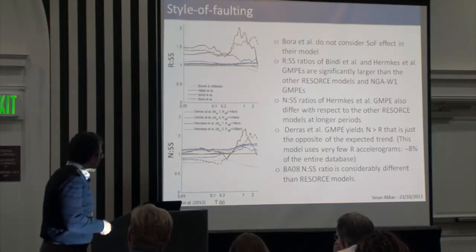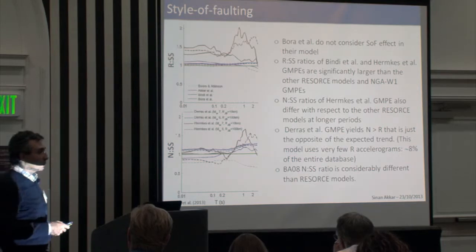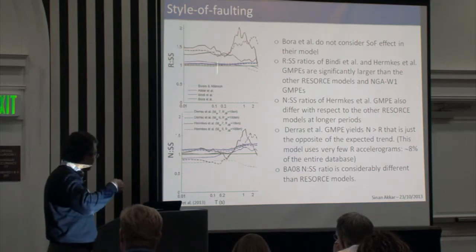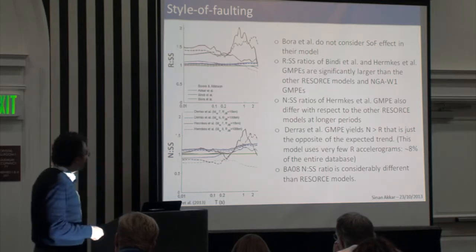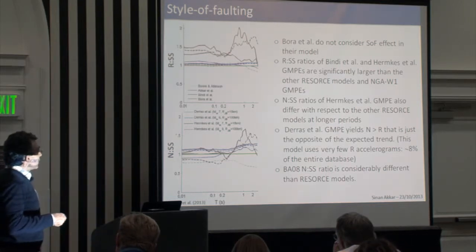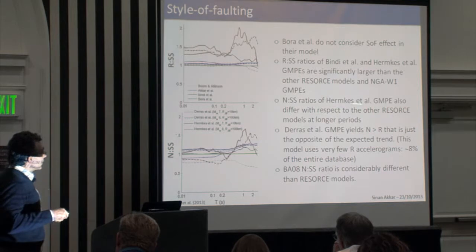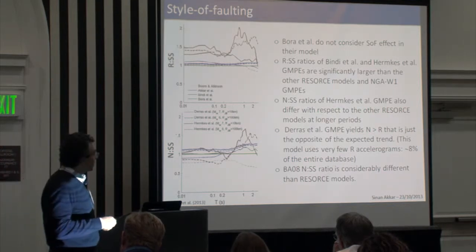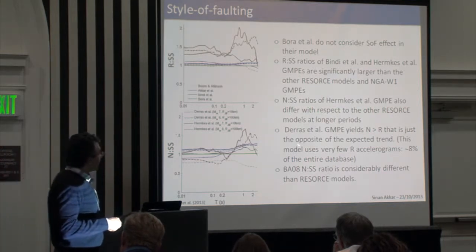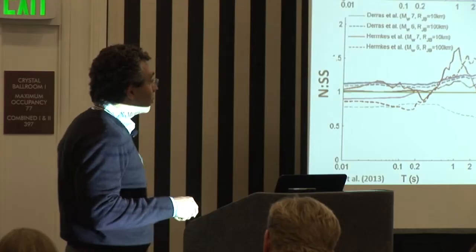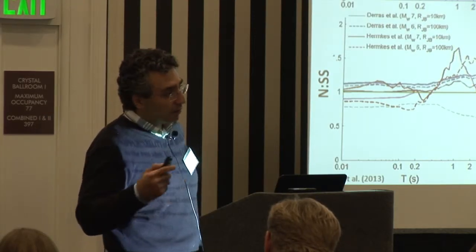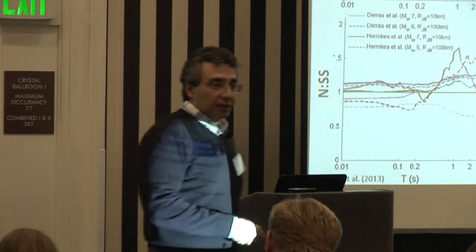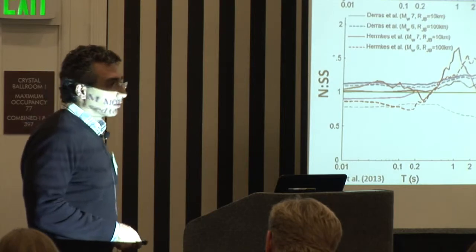For normal to strike slip events, if you make a really detailed comparison, the first thing you're going to observe is that the Derras et al. predictive model yields normal events larger than reverse events, which is not the conventional wisdom.